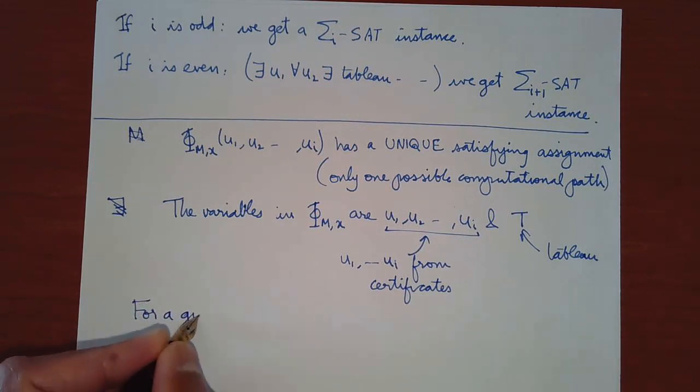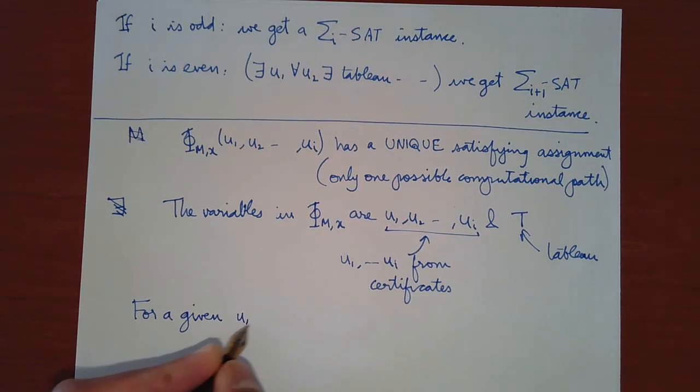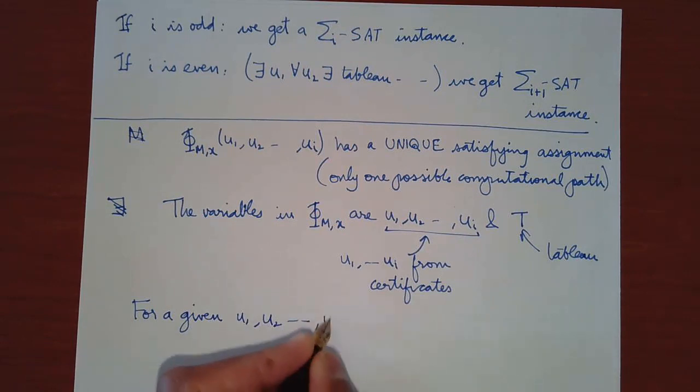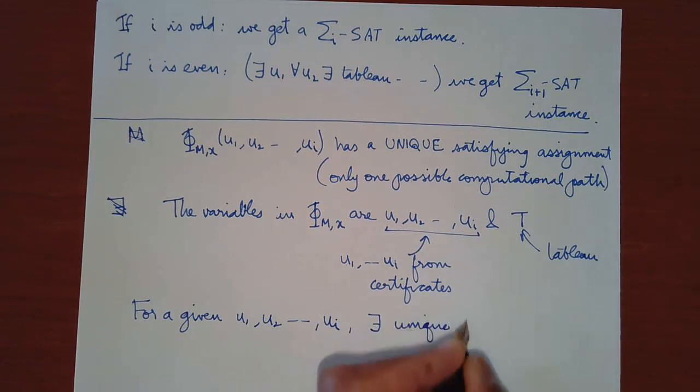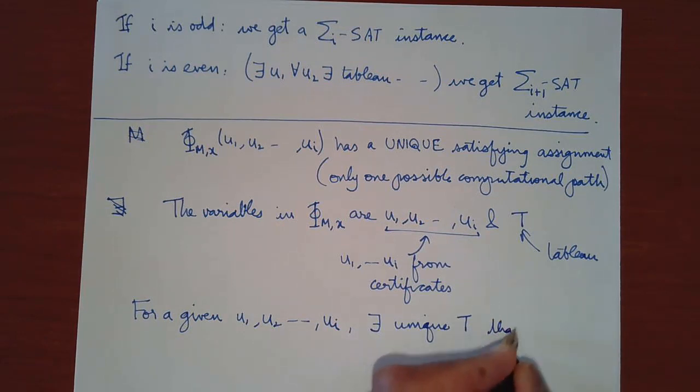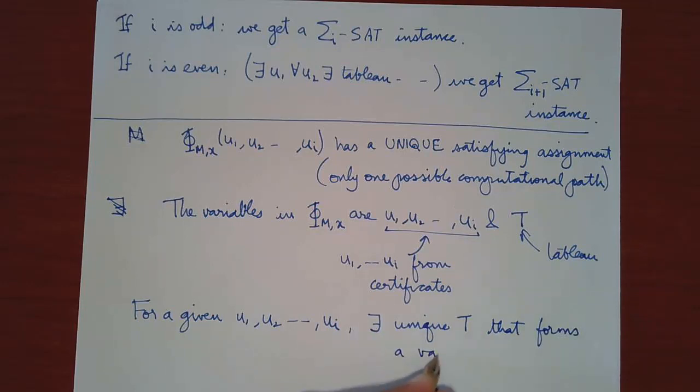For a given u1, u2 up to ui, there exists a unique T that forms a valid computational path.